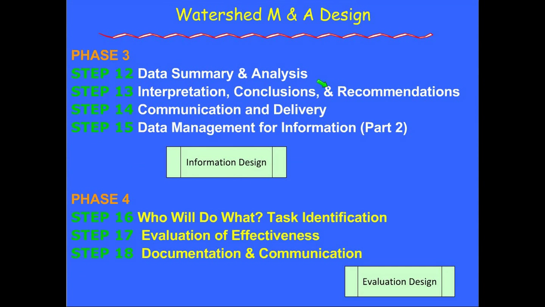And then, again, the whys in phase 1 determine how we summarize and analyze data, how we interpret conclusions we might make, recommendations we might make, how we communicate what we find and how we deliver it. And then there's a whole aspect of managing data for information. Managing your data for information generation is very different than managing the raw data. It's a very different process.